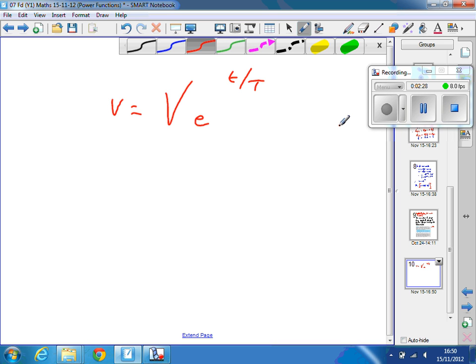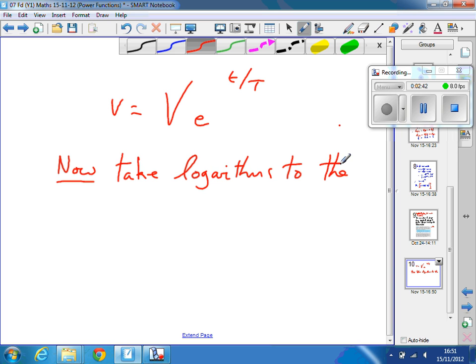Now we take logarithms to the base e, the natural number, of both sides.